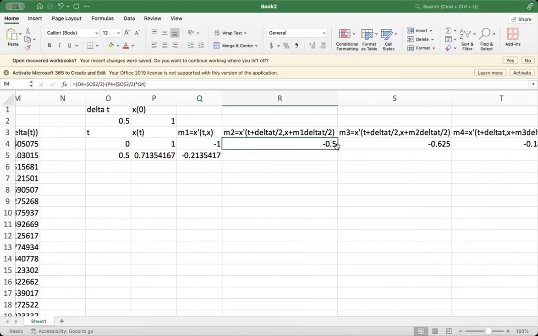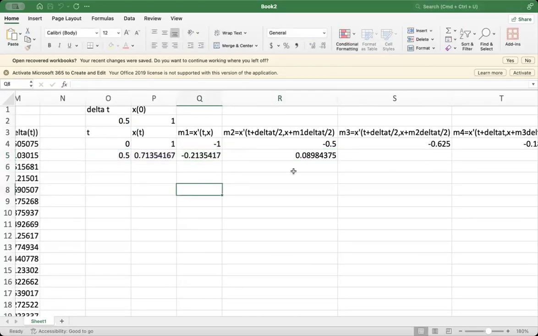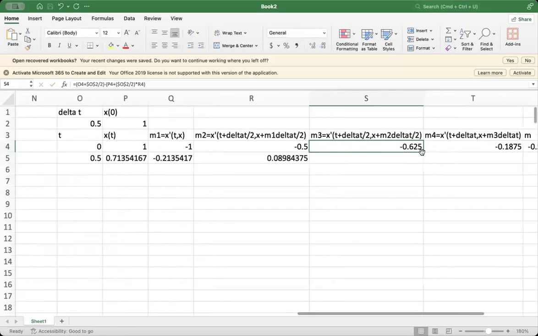This formula hopefully should also be able to drag down, because it should be the new time value, which is that plus that over 2, minus the new x value, which comes from this slope times delta t over 2 times that point. So that looks good, and we should be able to drag each one of these down.